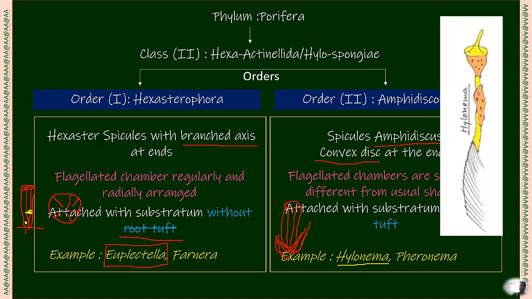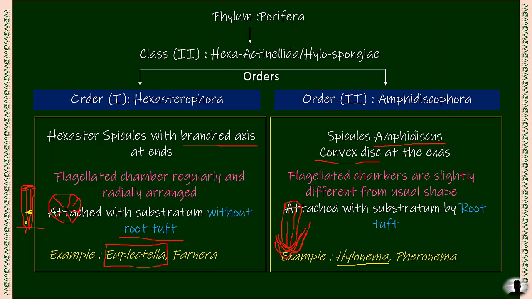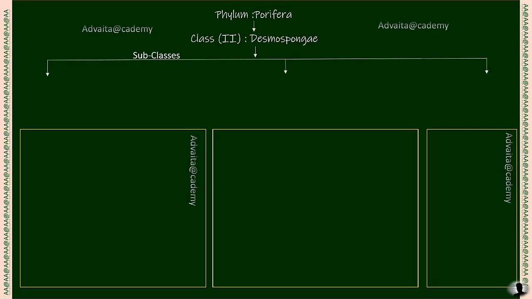Okay. Now come to the third class, that is Demospongiae. In Demospongiae, we have subclasses. In the first two classes we do not have subclasses, but here the animal structure is different.